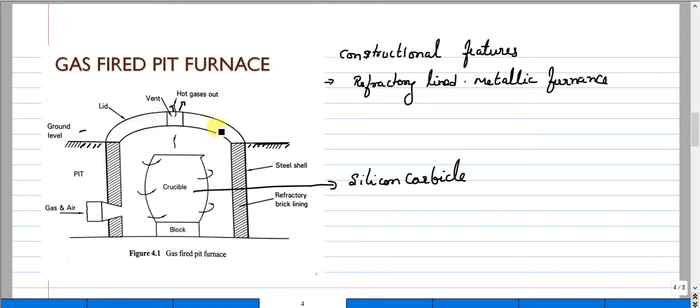So this is the construction portion. Very simple construction. We have a crucible which is kept inside the refractory lining, that metallic shell, and we have a supply of gas and air, and here the heating action will take place, and in order to escape the hot gas we have a vent.